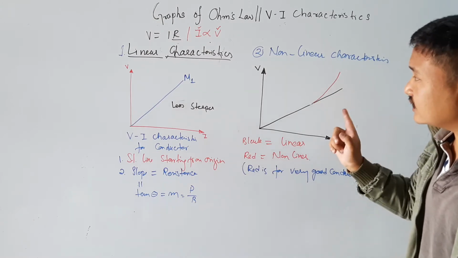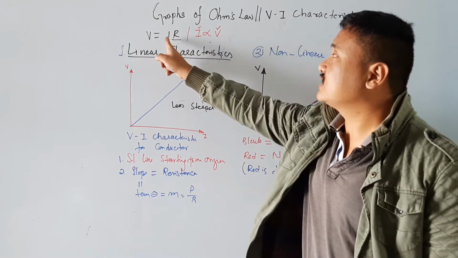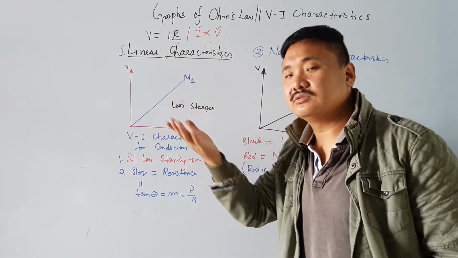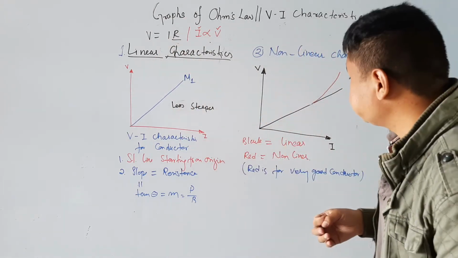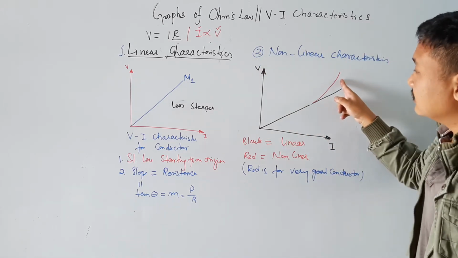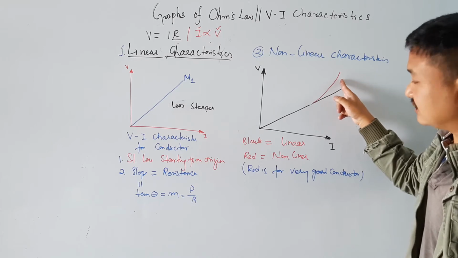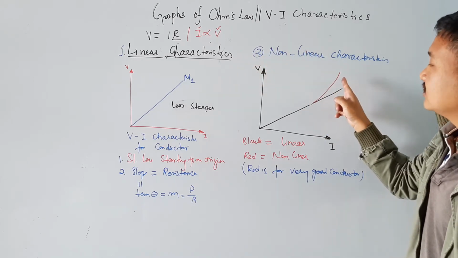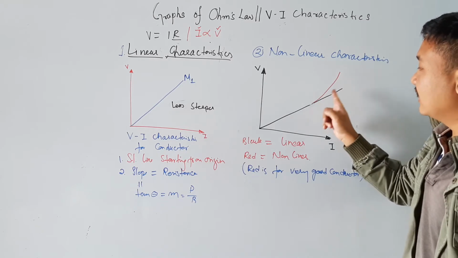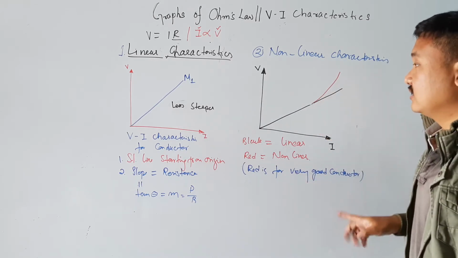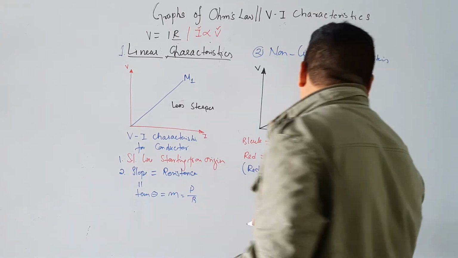It means that something has to be corrected here, which we don't study. The correction you will study in college. It is very easy in fact. So we came to know that Ohm's law also gave us non-linear graphs, and this is for a very good conductor.